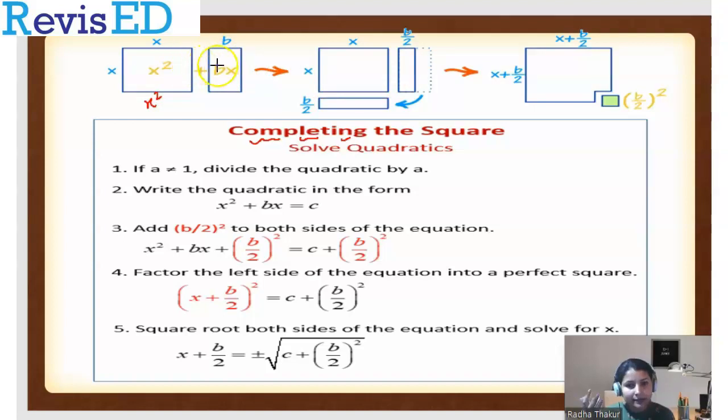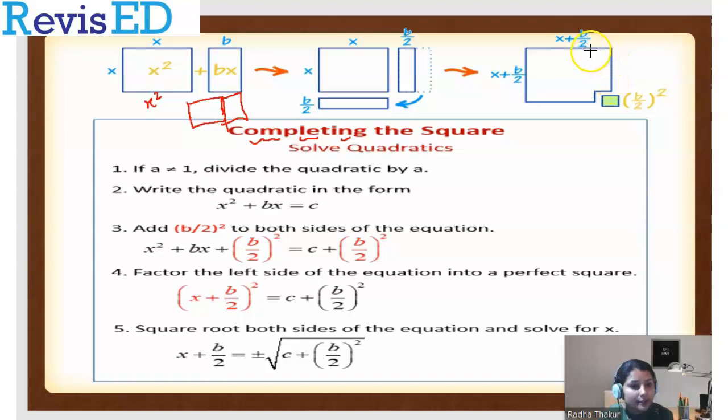If you add this directly to this square, it doesn't become a square. It becomes a rectangle, right? We have to make a square, not a rectangle. That's why we divide this into two parts and add it at the bottom as well as at the side, in length as well as in breadth.